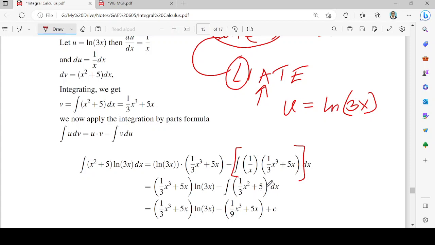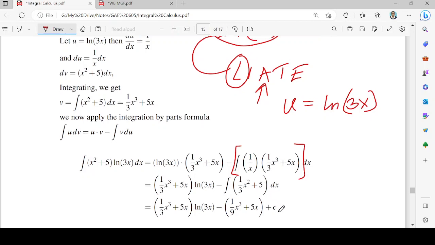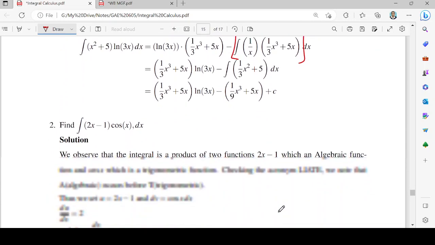Now this one is a simple integral. It's in the standard form. So we can now integrate x squared to get x cubed over 3 and multiply by a third to get 1 over 9 x cubed. Then the integral of 5 is 5x. And at this point now we add the arbitrary constant of integration.